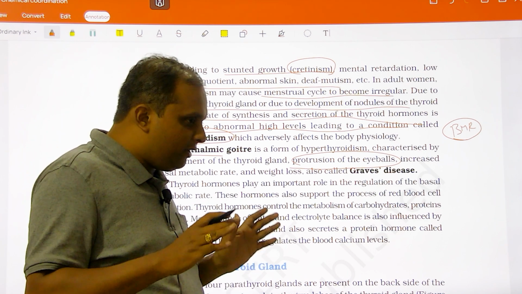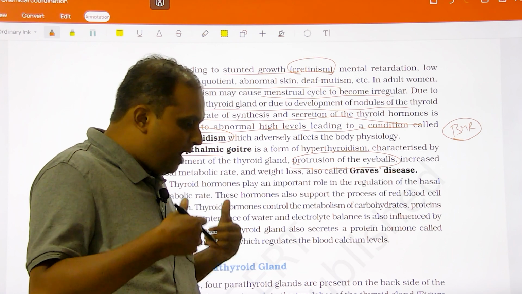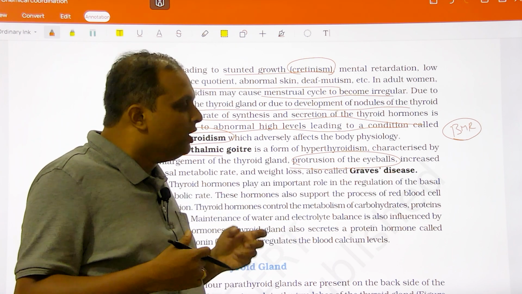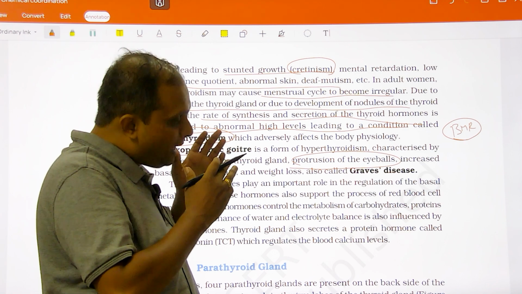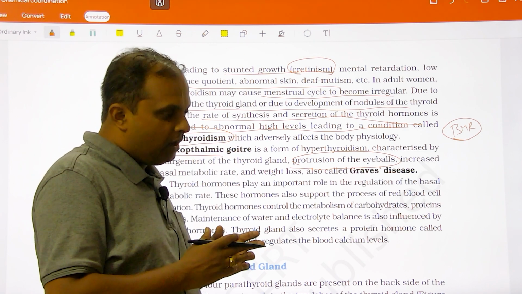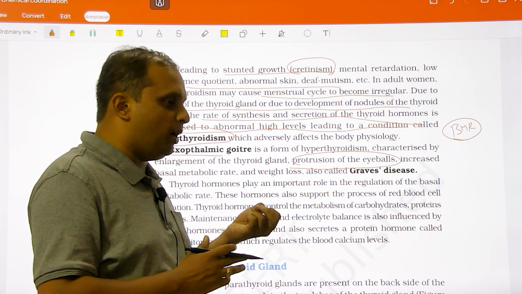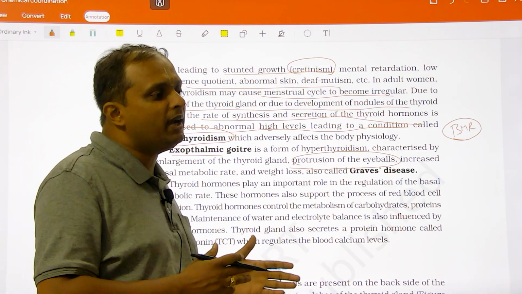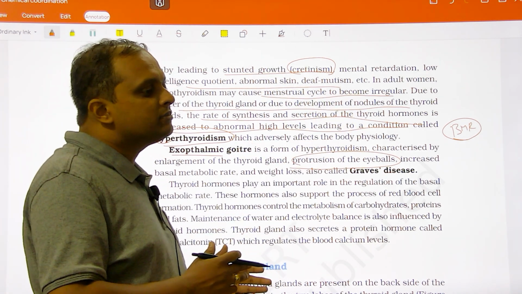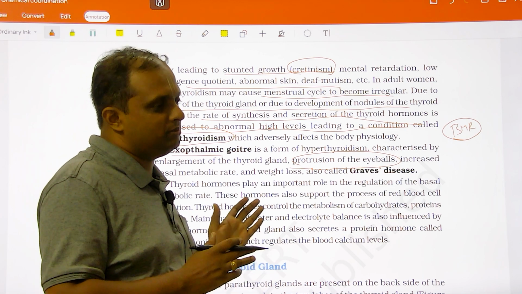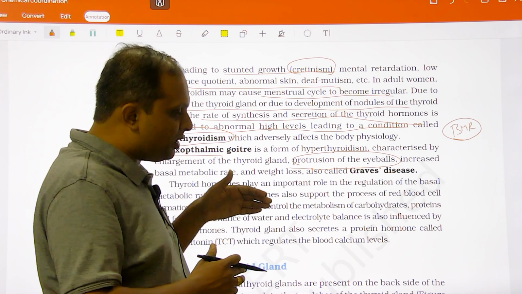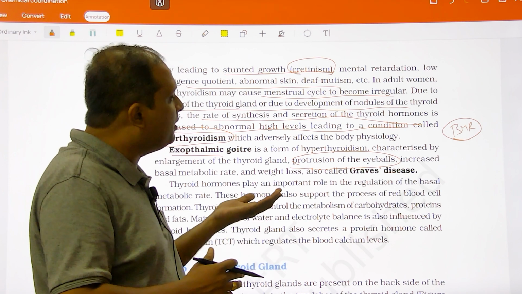You haven't done any work, but you have basic body energy requirements like heart pumping and kidney function. So during physical and mental rest, the energy required by the body is called basal metabolic rate, and BMR is maintained by the thyroid. So hypothyroidism will lead to a lower BMR, and hyperthyroidism will lead to a higher BMR.